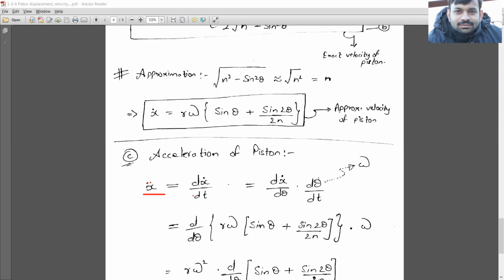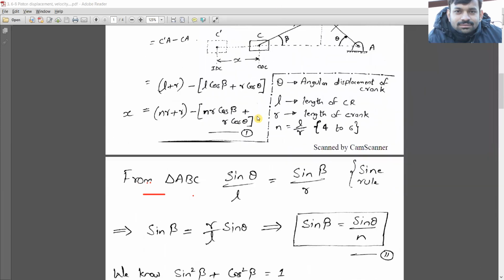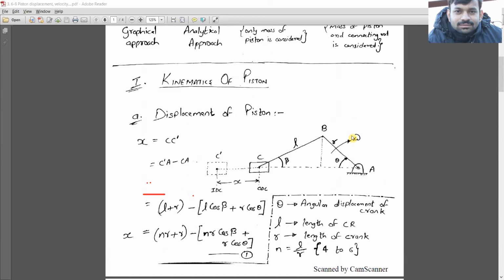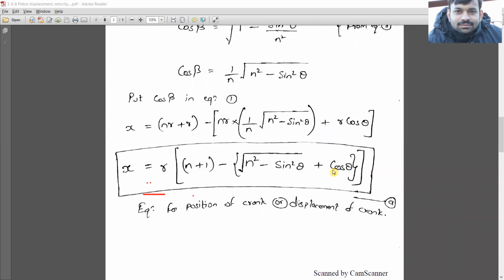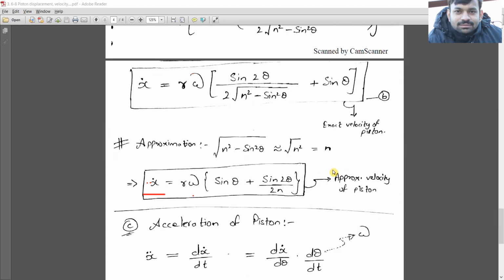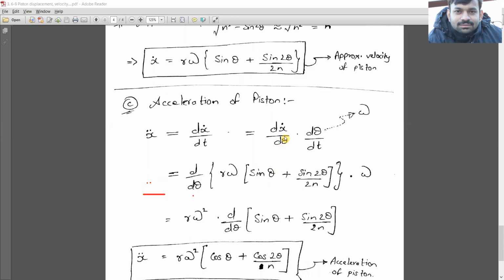Because theta is angular displacement, right? I hope you remember in this diagram itself, we saw that theta is the angular displacement of the crank. So the rate of change of angular displacement with respect to time will give you angular velocity. Therefore, d theta by dt is omega.